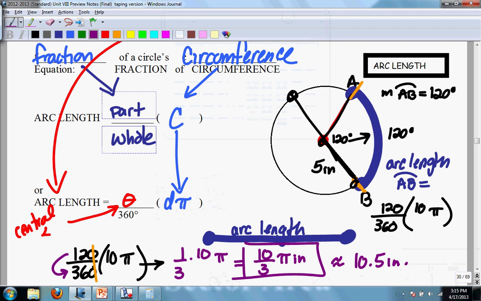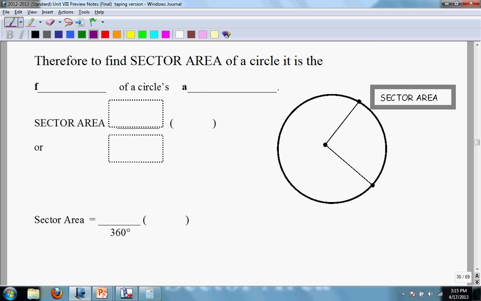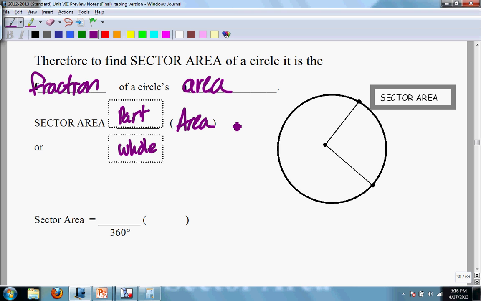Now let's try a sector area. A sector area is simply a fraction of a circle's area. So sector area is part over whole times area.